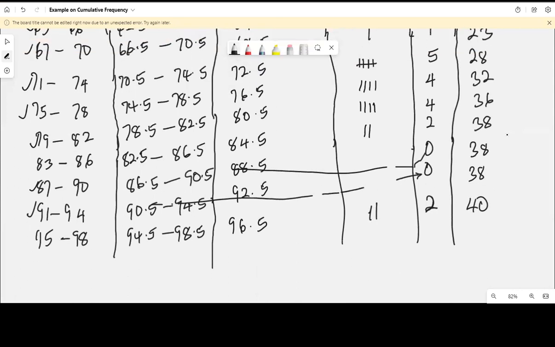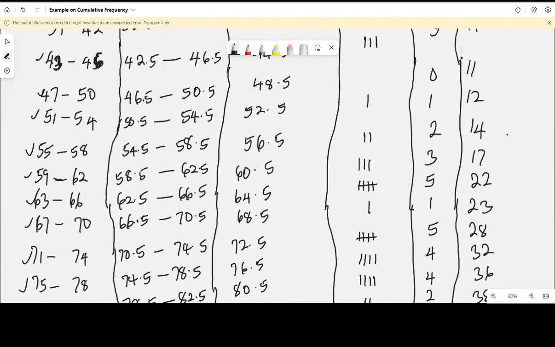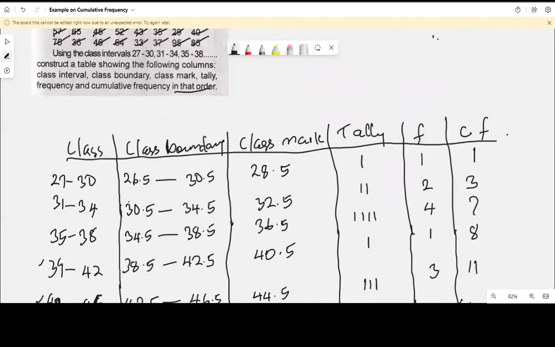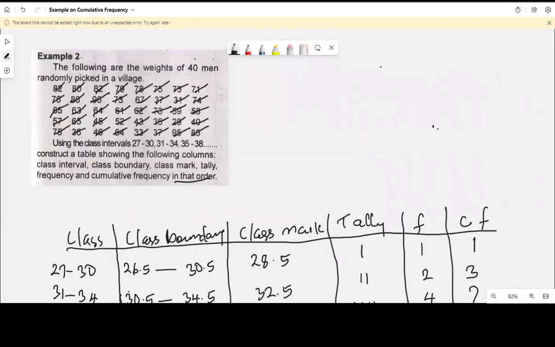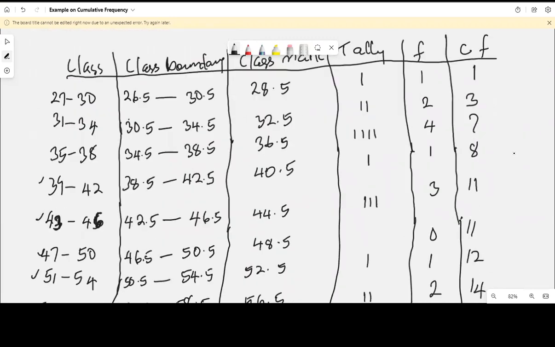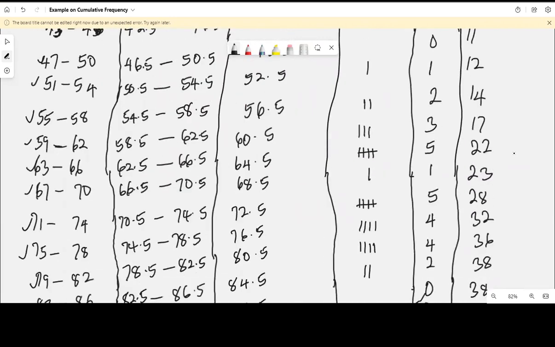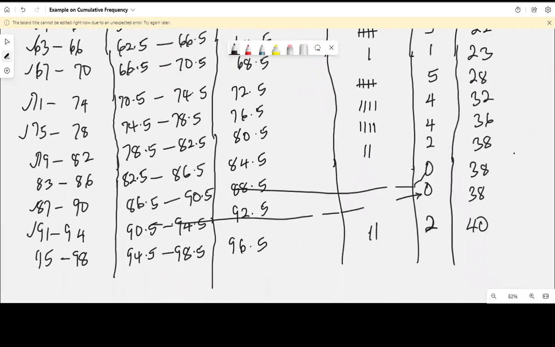Okay, so our cumulative, the final one is 40. Does it agree with what we have in the entries? Yes, they say 40 men. So the following are the weights of 40 men. So having 40 as the final number in our cumulative frequency shows that this table is correct.